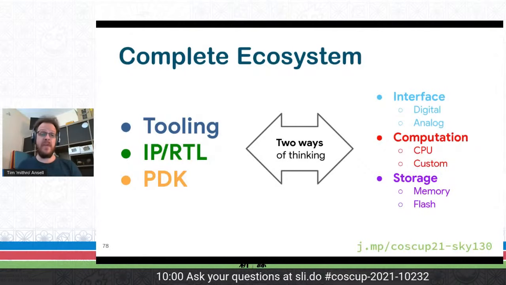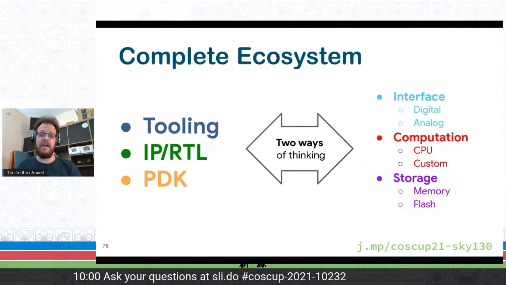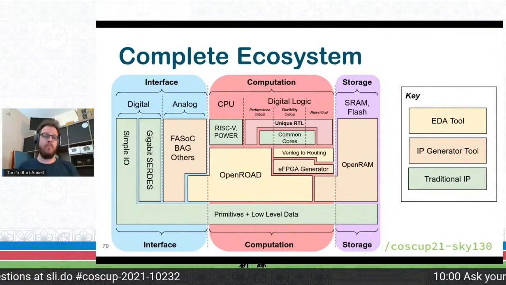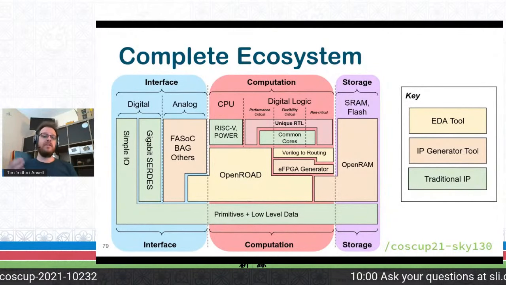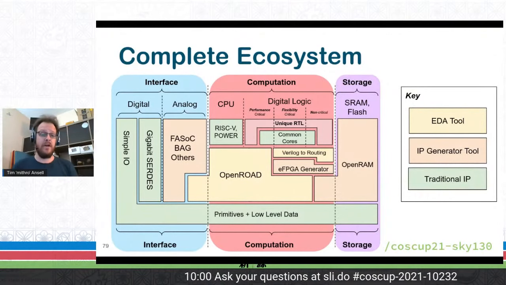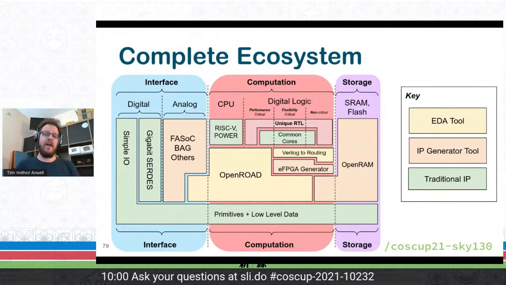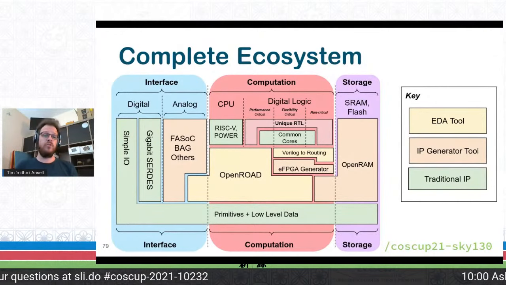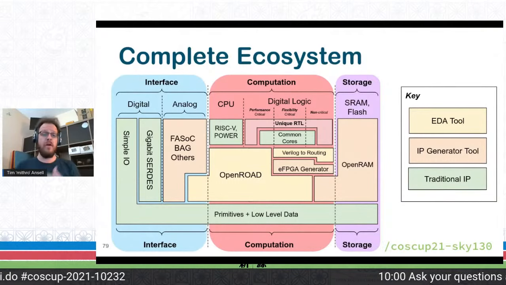And when you start to think about things in this way, you actually get a picture that looks somewhat like this. And you can start to see how the various bits that I've been talking about start to fit together to build a complete ecosystem that enables people to do significantly more advanced stuff.